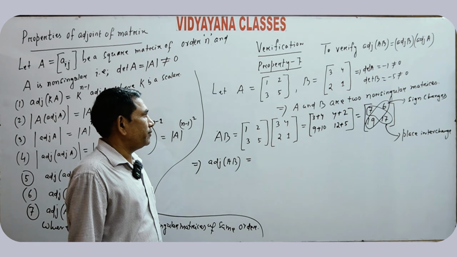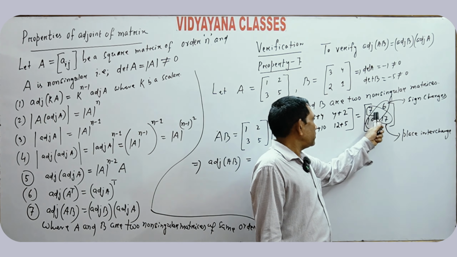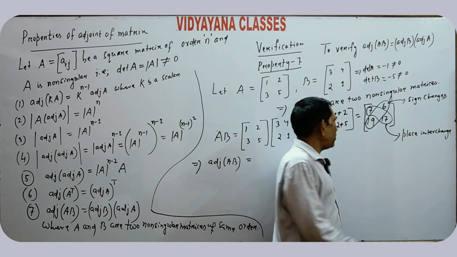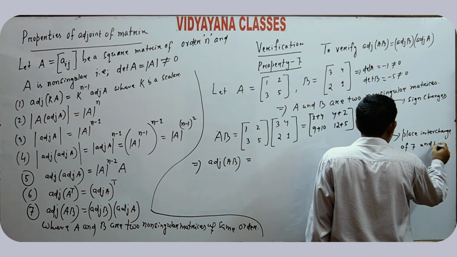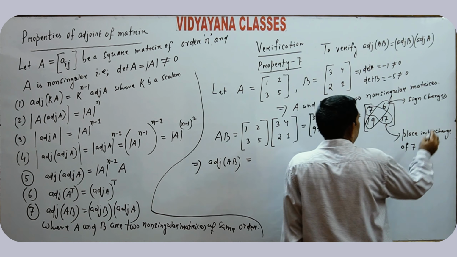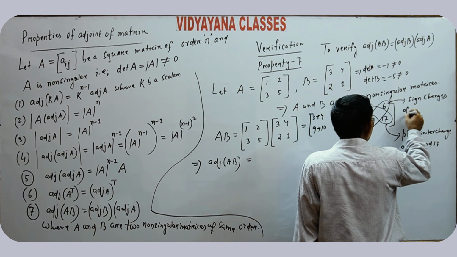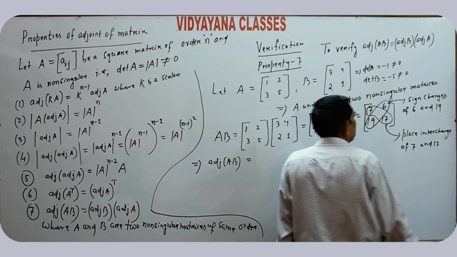Adjoint of AB: interchange the places of 7 and 17, change the signs of 6 and 19.